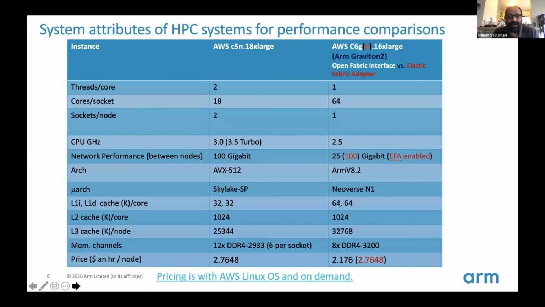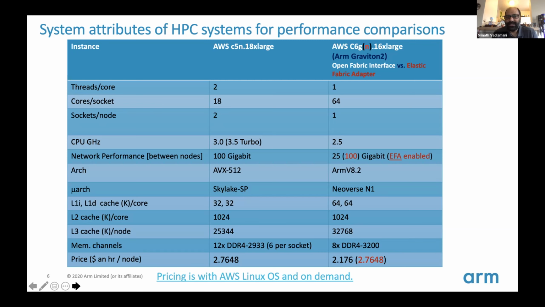Here we have a comparison of the actual instances that I used on AWS. C5N versus C6G. Whenever I say C5 versus C6, with C5, think of x86, particularly Skylake, 18 cores per socket with 2 threads running at 3 gigahertz.